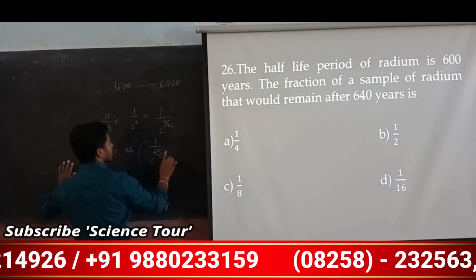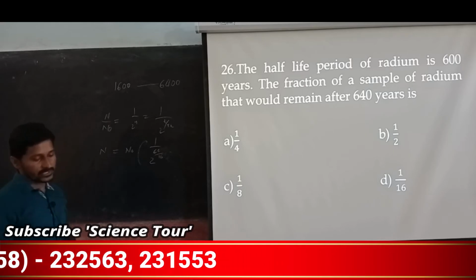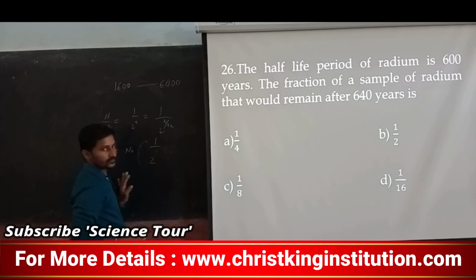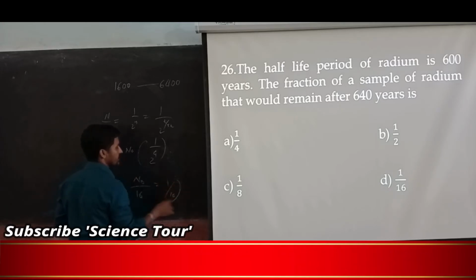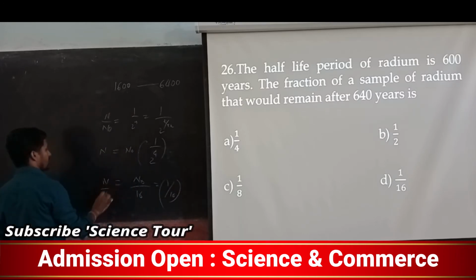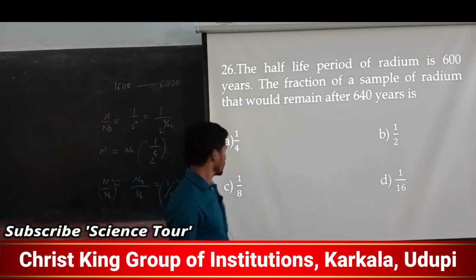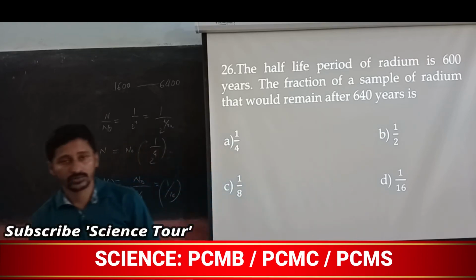It cancels: 16 fours are, so 2 to the power 4 is 16, into N naught, that is 1 by 16 times. The fraction asked, that is N by N naught, is 1 by 16 times.